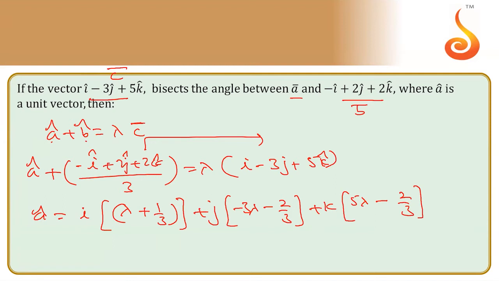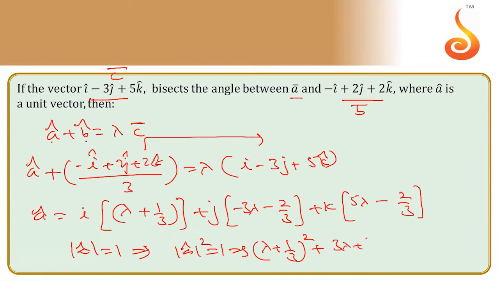How to get the lambda value? Because A cap is a unit vector, the magnitude of A equals 1. That is modulus of A cap square equals 1. So this is lambda plus 1 by 3 whole square, plus 3 lambda plus 2 by 3 whole square, plus 5 lambda minus 2 by 3 whole square equals 1.